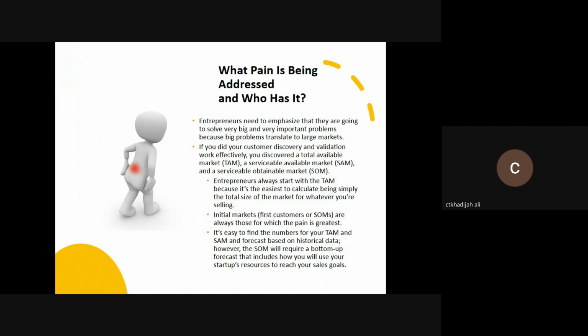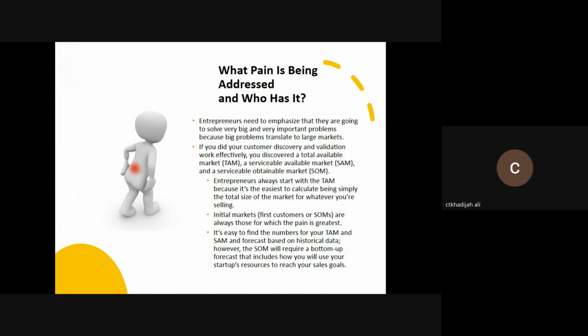If you did your customer discovery and validation work effectively, you discovered a total available market, TAM, a serviceable available market, SAM.